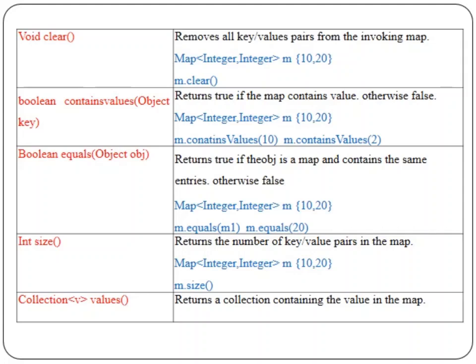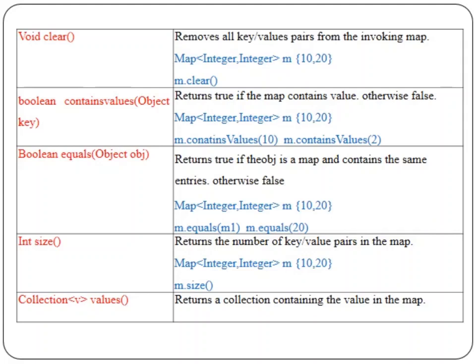The next method is equals. The equals is a method which is going to check whether the objects and the elements are equal or not. If they are equal, then the method is going to return true. Otherwise, the method is going to return false. It returns true if the object is a map and contains the same entries. Otherwise, it is going to return false.